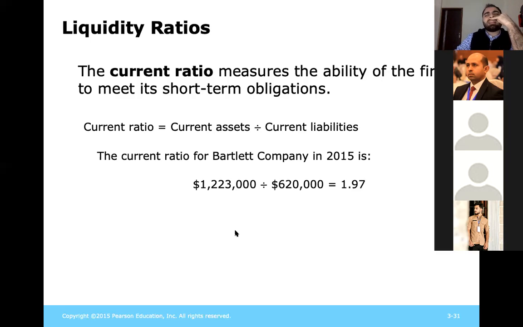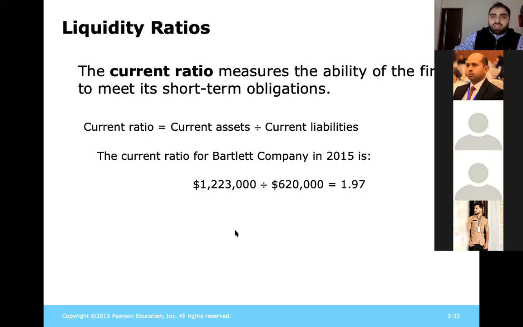In that case, we can expect that small businesses have no access or limited access to credit, so their current liabilities are not that much. So the comparison is fair if we compare companies of a relative size, but it is unfair if we compare small companies with large companies, because they have different characteristics.